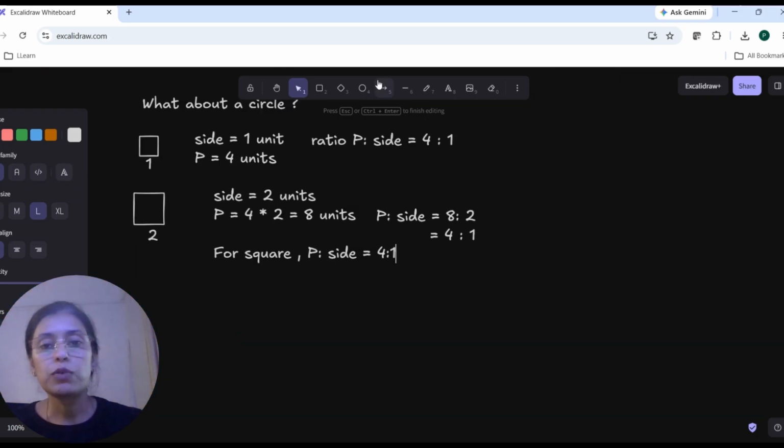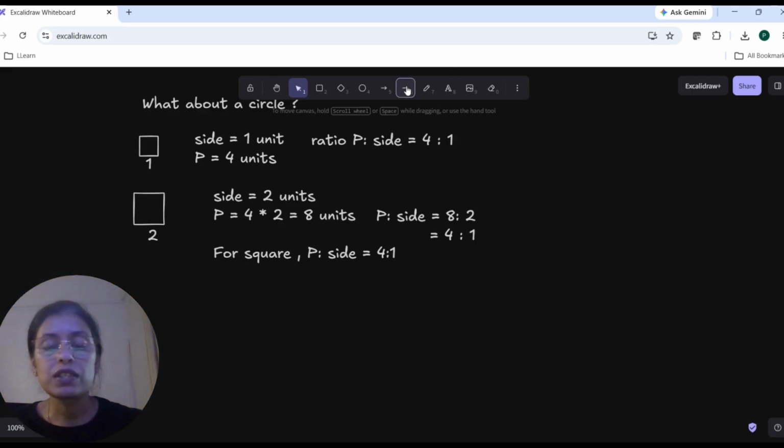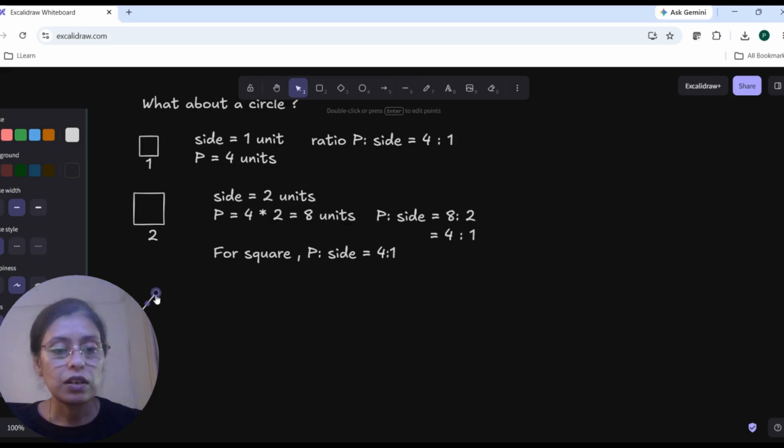Then what they did was they tried the same thing with, sorry, an equilateral triangle. They took an equilateral triangle of 1 unit. Each side was 1 unit.